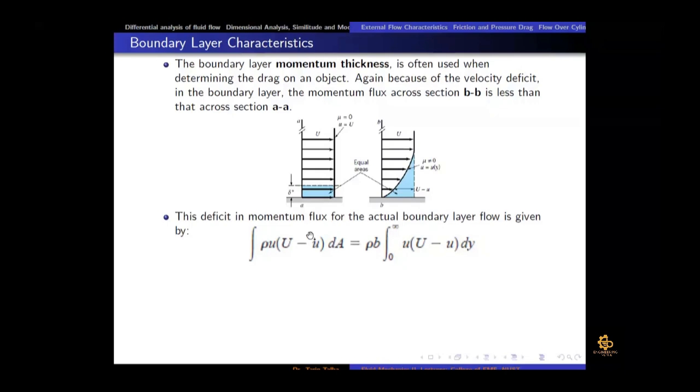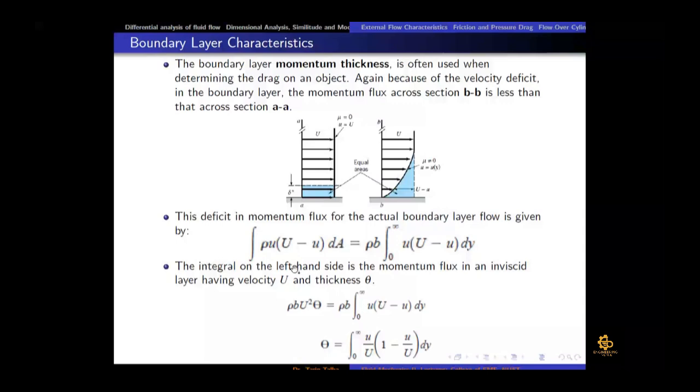We know that momentum is mass flow rate times velocity. So that is something we have done here: we have multiplied the mass flow rate with the velocity. Rho would be cancelled out, b, and then theta tells us the thickness of the flat plate which needs to be increased so that the actual profile has the same momentum flow rate as this inviscid portion.